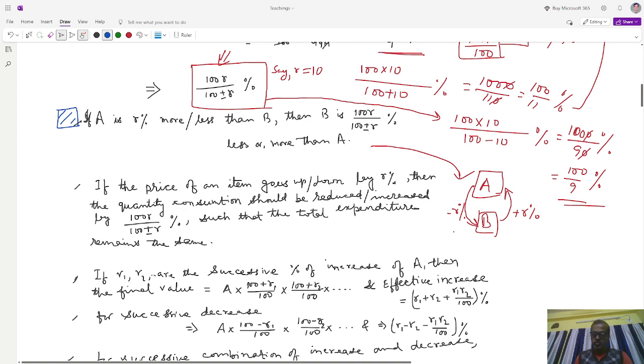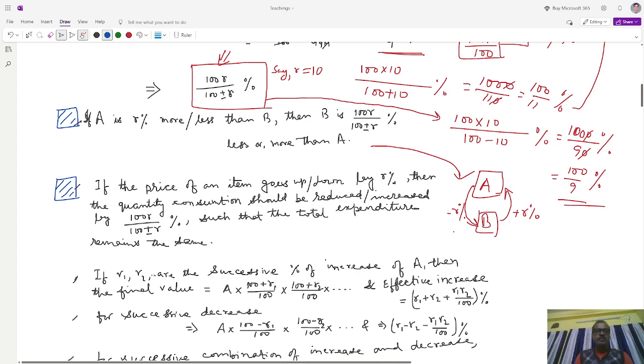This case is also exactly equal to the above two cases. Using this concept or summary, we can solve many problems in percentage.